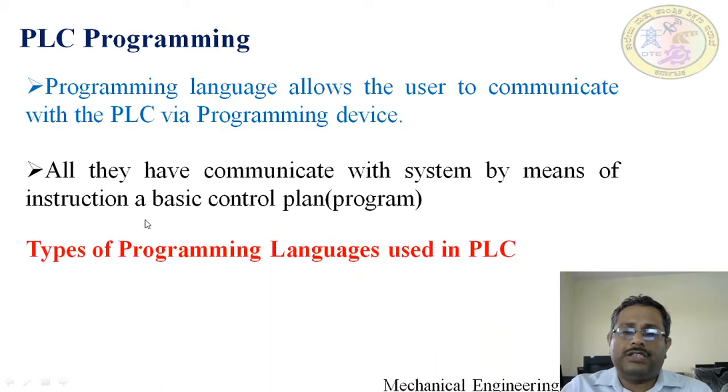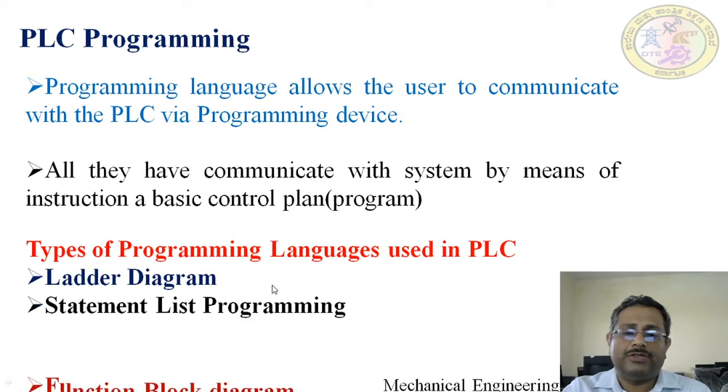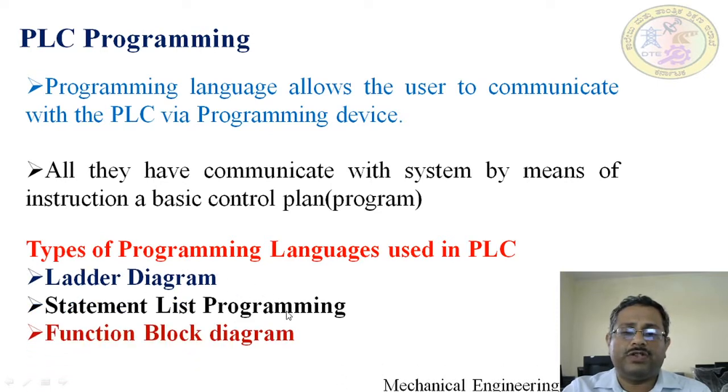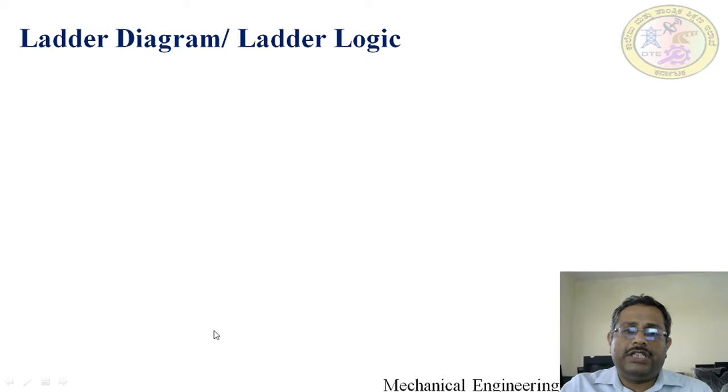And there are several types of programming languages available based on the PLC manufacturers. Here we have listed 4 such types. One is ladder diagram, second one is statement list programming, third one is function block diagram, fourth one is Boolean logic. We will see first ladder diagram or ladder logic.